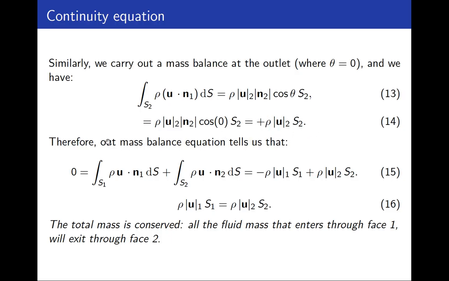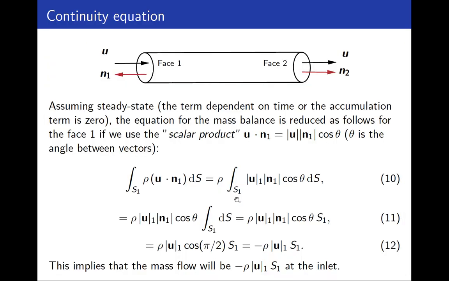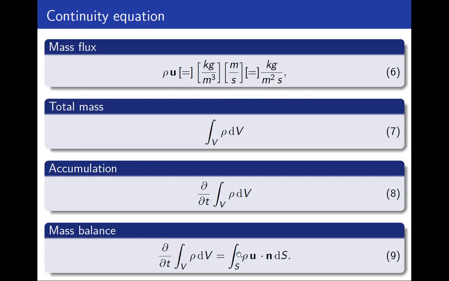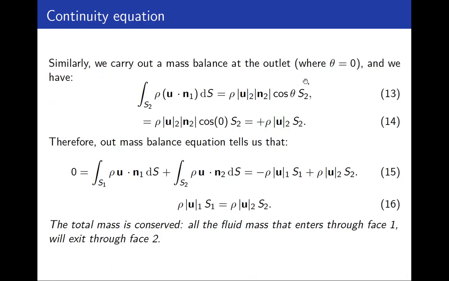Then our mass balance, remember that we assume the accumulation is equal to 0. That means the density will not change with respect to time, so that term is equal to 0. And then we have the sum of the surface integrals across the two surfaces.